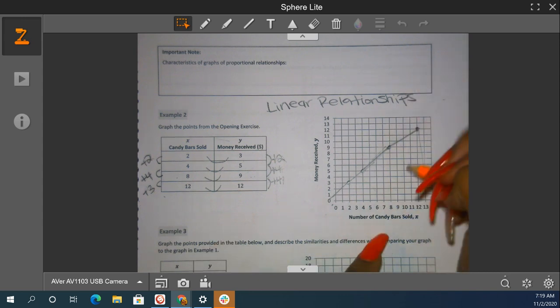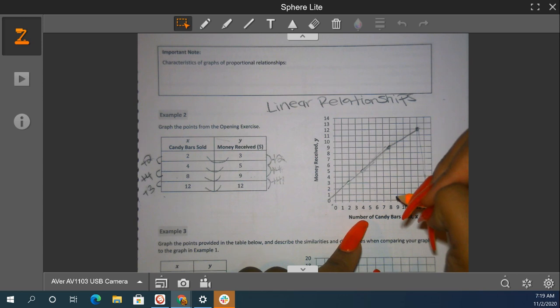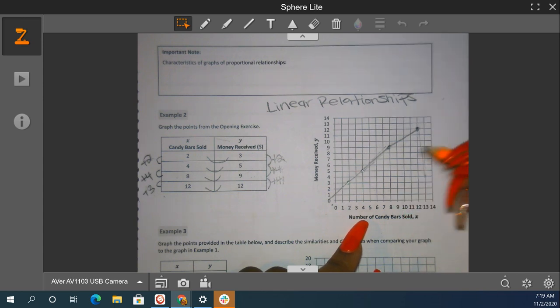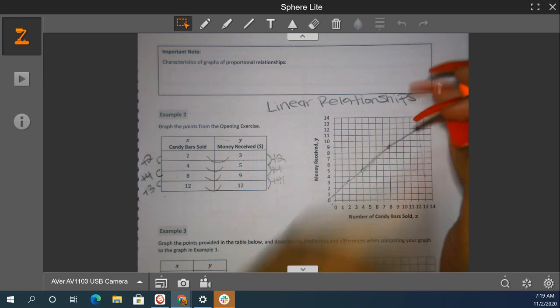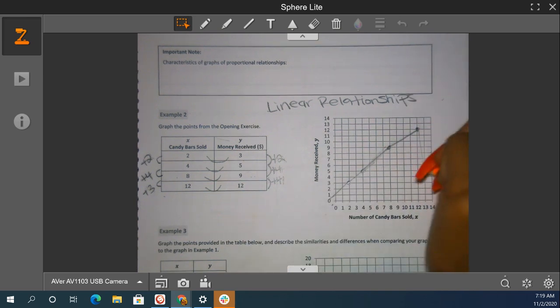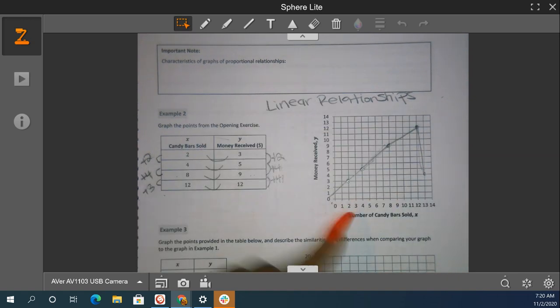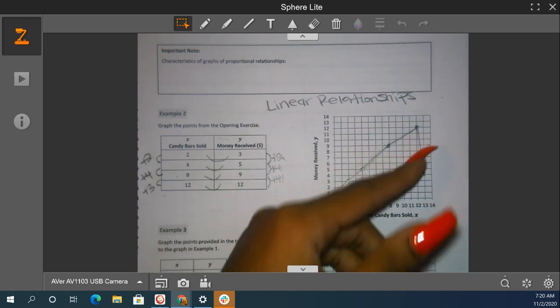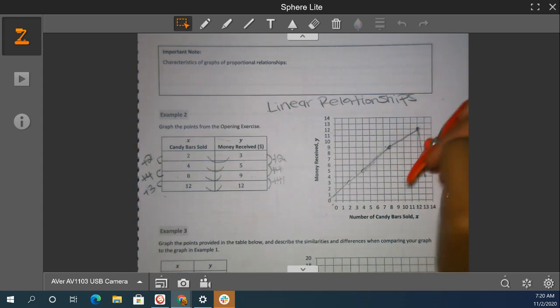For instance, this one right here is not proportional, but it's a linear relationship because it's constantly moving up. It has a constant rate of change. But I'm going to just plot this point right here. If I had that here, this would still be non-proportional, but it's not a linear relationship anymore because it doesn't have a constant rate of change anymore.